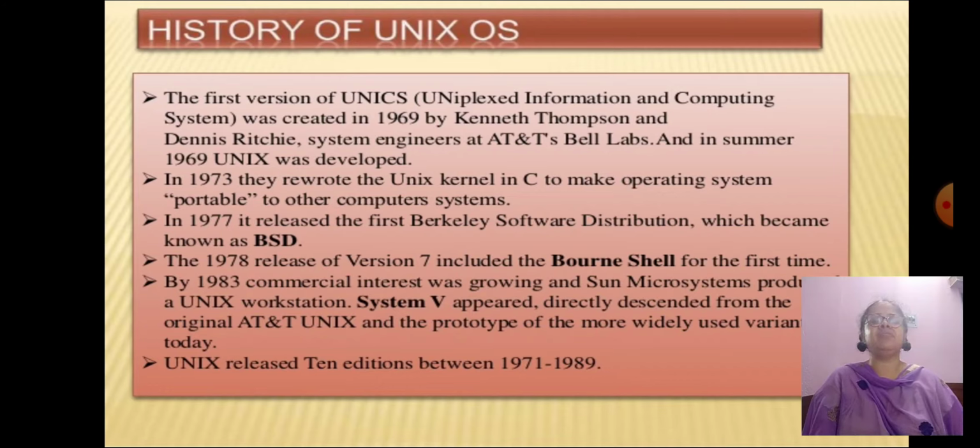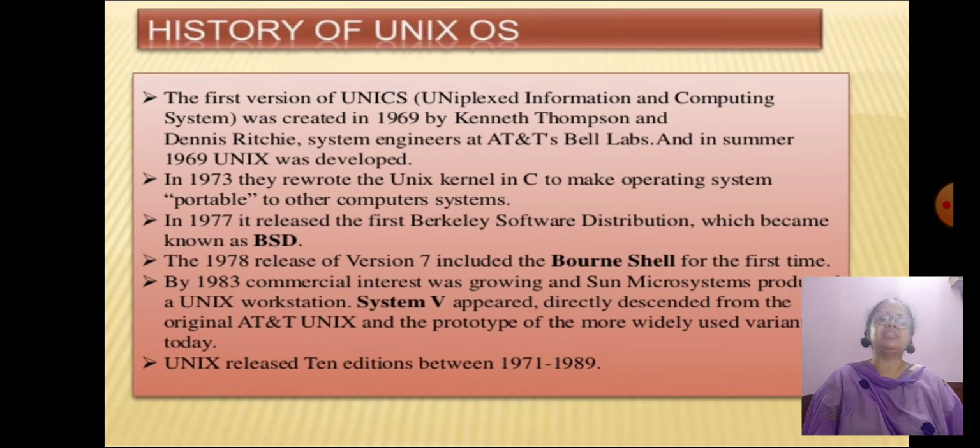Unix and C were licensed by AT&T and distributed to government and academic institutions, which led to both being ported to a wider variety of machine families than any other operating system.